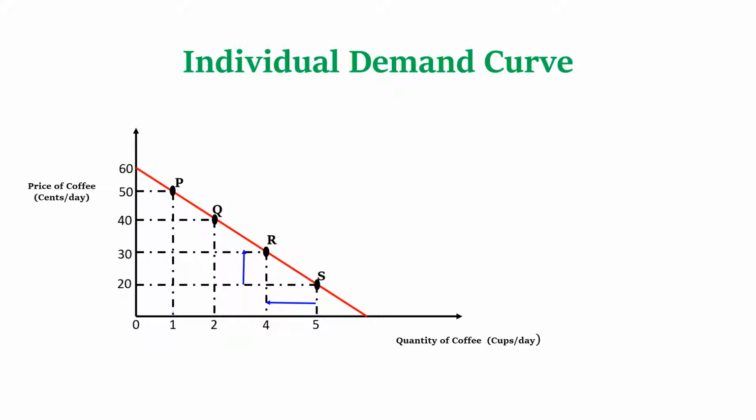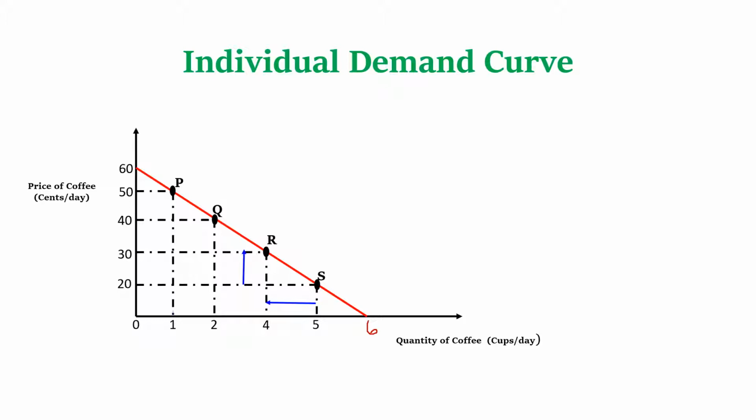Now what happens at this quantity here? Let's say it could be 6, right? Because this is 5, and let's say this one could be 6.